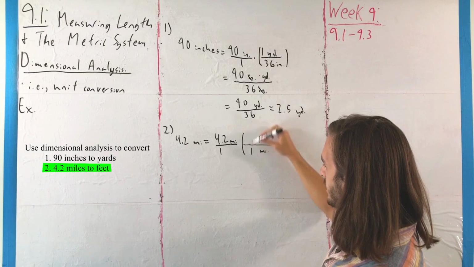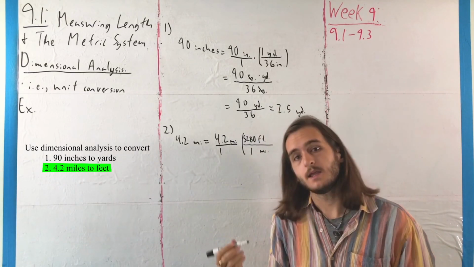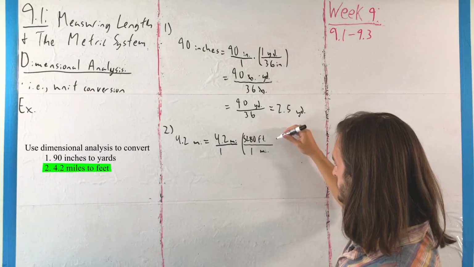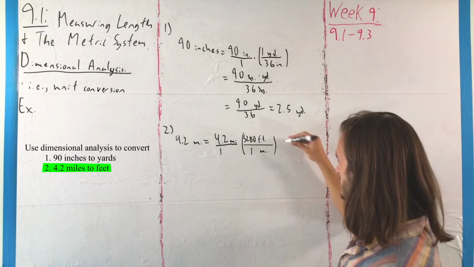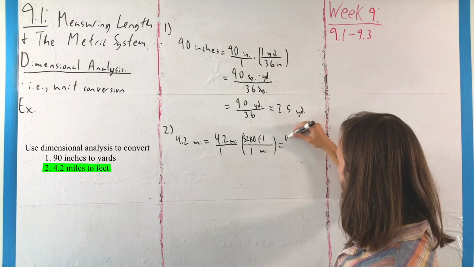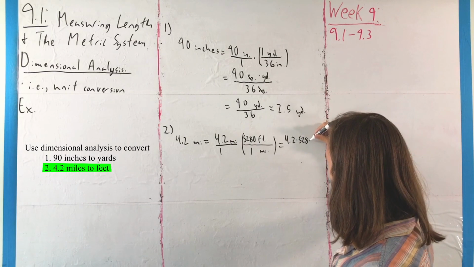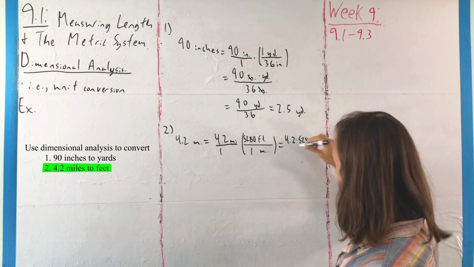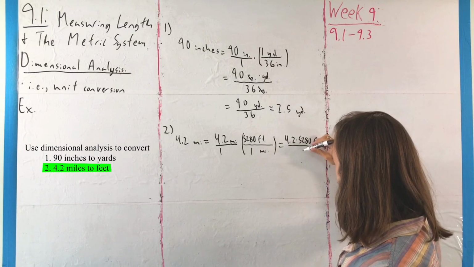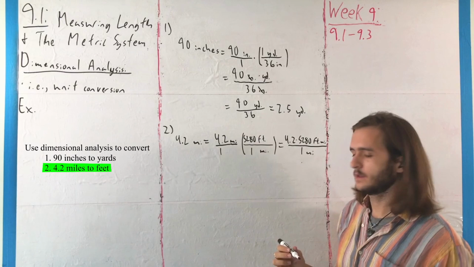For every 1 mile, we have 5,280 feet. So we just go across this here. We'll have 4.2 times 5,280 foot miles, which, yes, is a stupid unit. That's going to be divided by 1 mile.